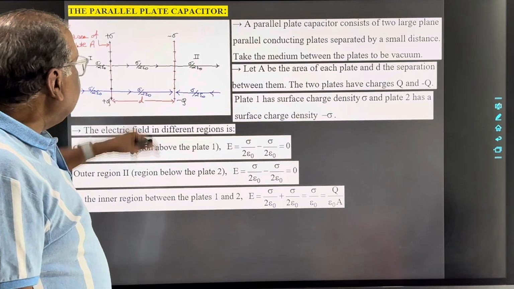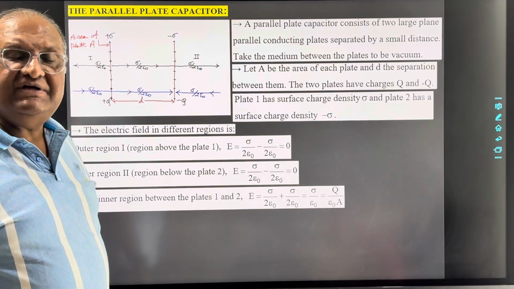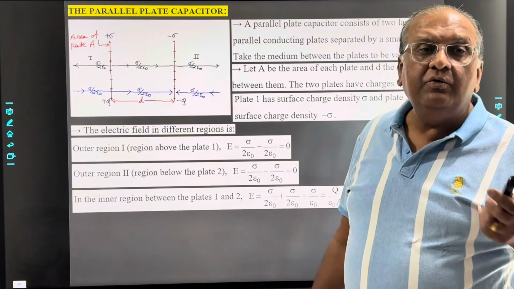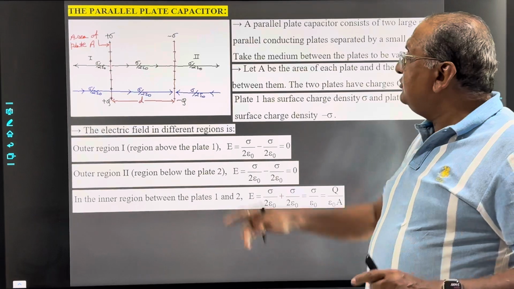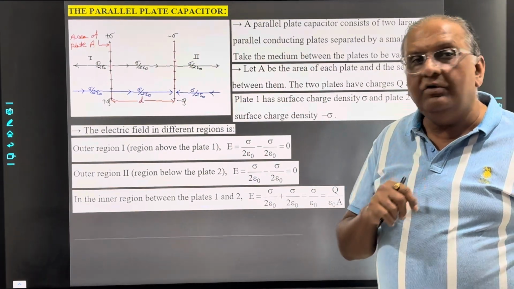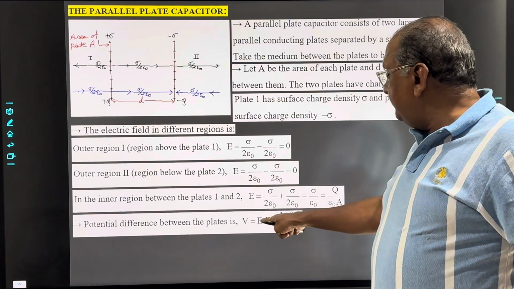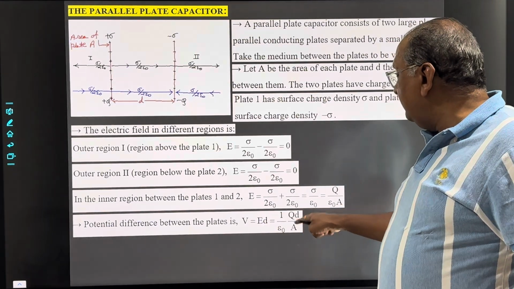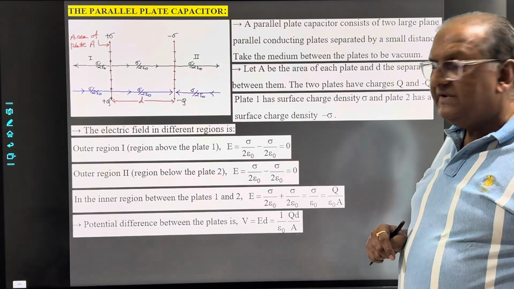Now the potential difference between these two plates of the capacitor is V equal to the electric field into the separation between the two plates, so E into d. Substitute the value of E, that is Q upon epsilon 0 A. Clear?